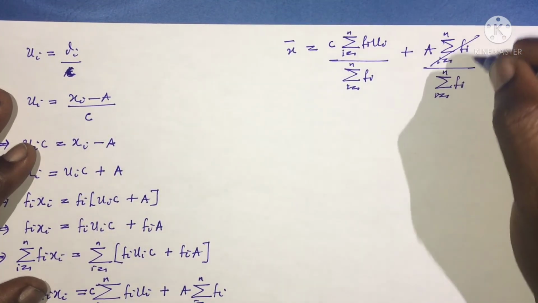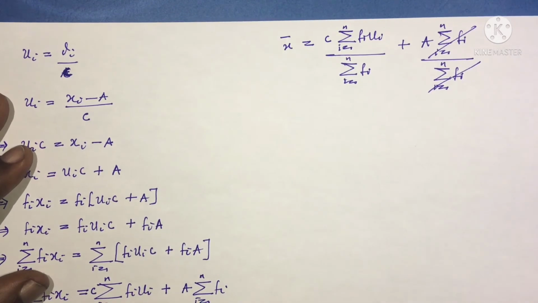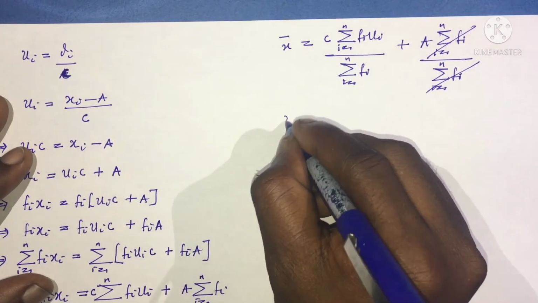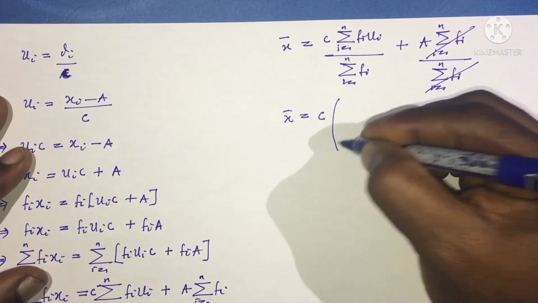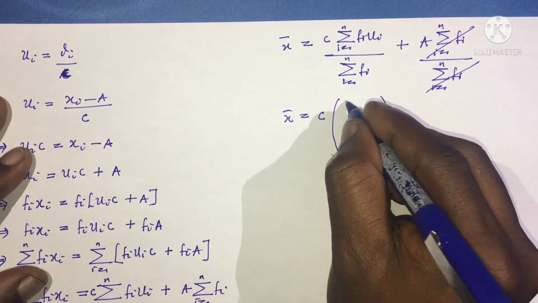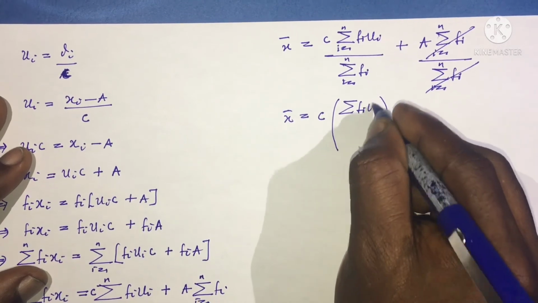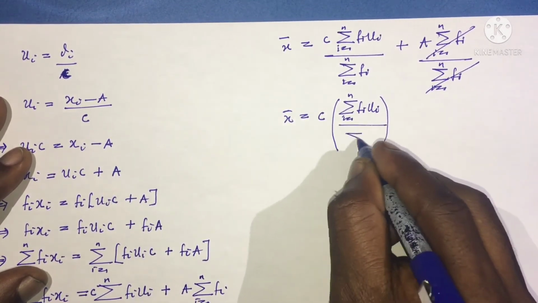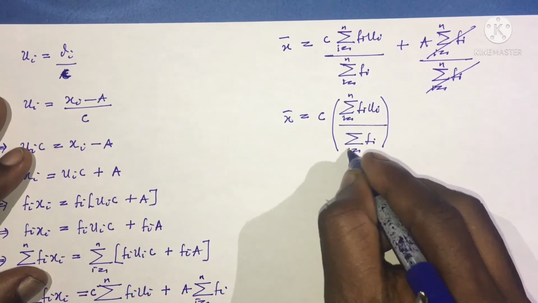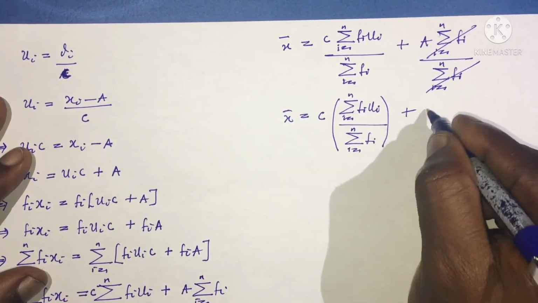So this will cancel this because they are the same, and we will be left with a. Here we can now write this as c in bracket summation fiui from i equals 1 to n all over summation fi from i equals 1 to n, plus a.